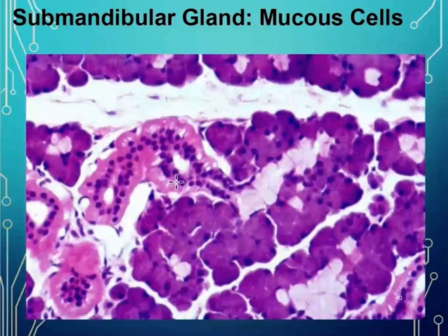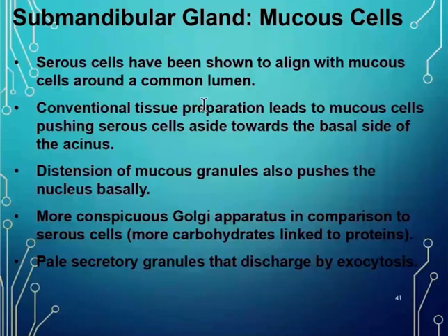These are the serous and mucus acini with demilunes, and this is the connective tissue in between. Both serous and mucus cells align to a common lumen between them.